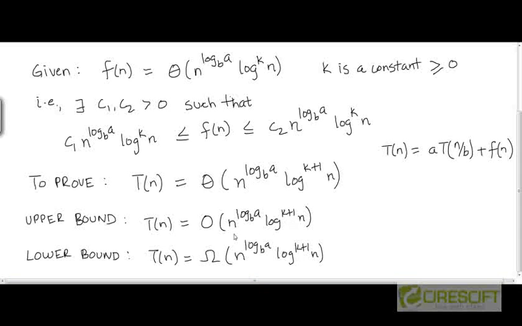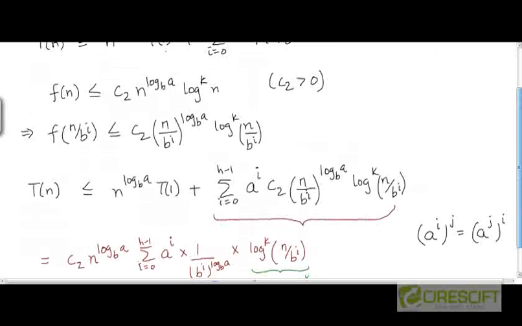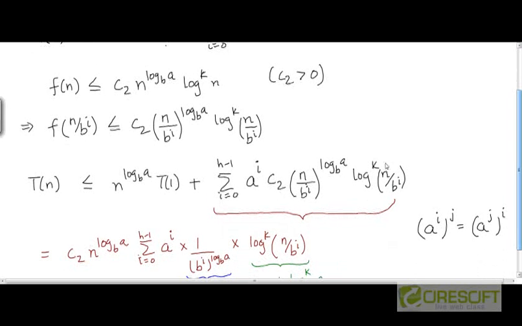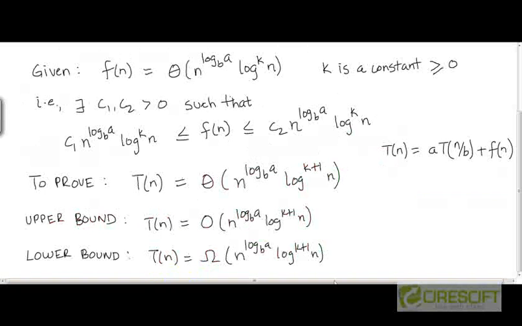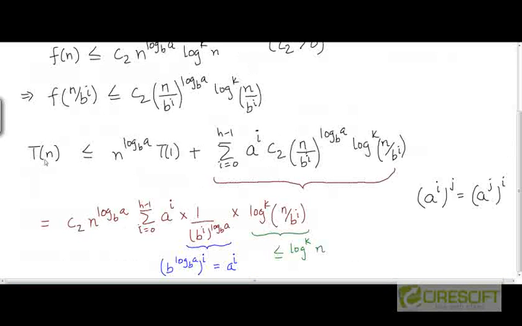You will need to keep in mind the final form of the inequality that we need to prove to understand the kind of transformations that we'll be doing now, to get a constant multiple of n to the power log base b of a times this function on the right hand side.